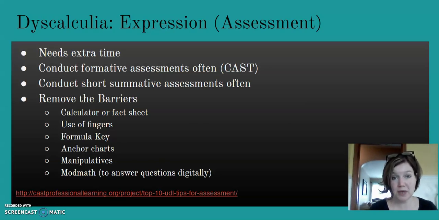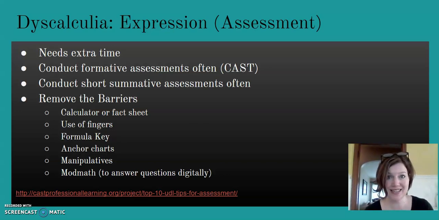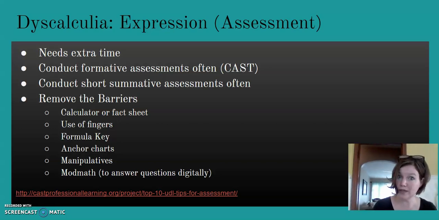And then for the assessment part, again, these students are going to need extra time. And sometimes that's going to be up to 1.5 to 2 times as much as their peers. And CAST, of course, suggests to conduct formative assessments often. And I just want to suggest conducting summative assessments often and in smaller pieces instead of this huge unit test that's going to take the child 2 hours or 2 class periods where it took his peers 1 class period.